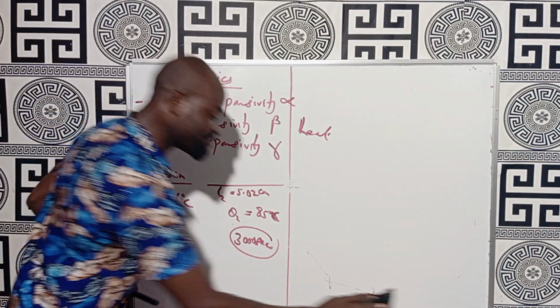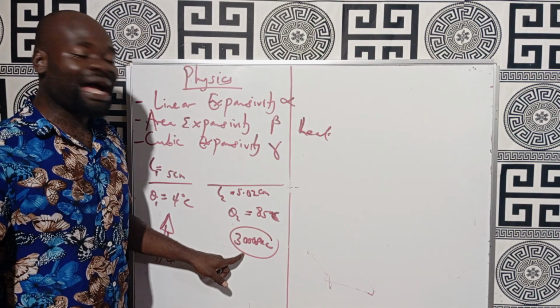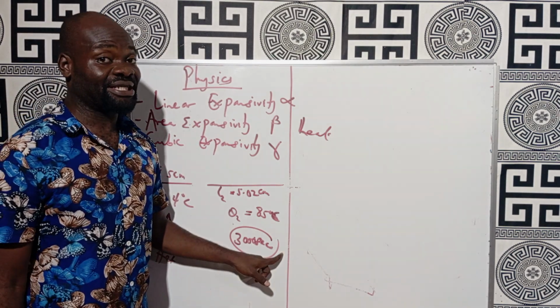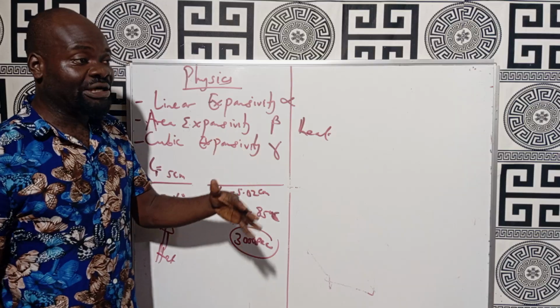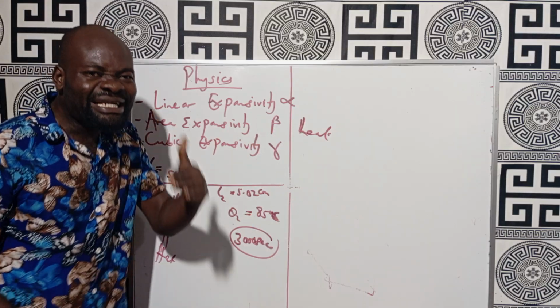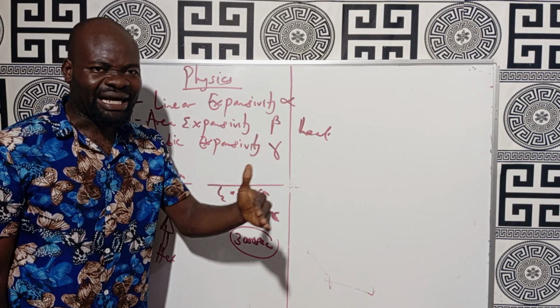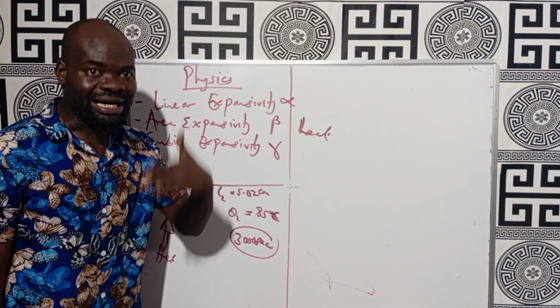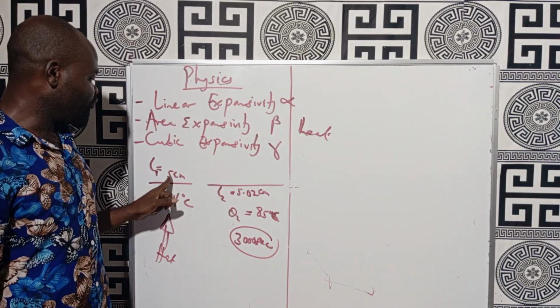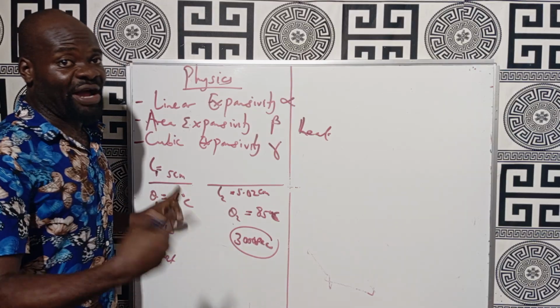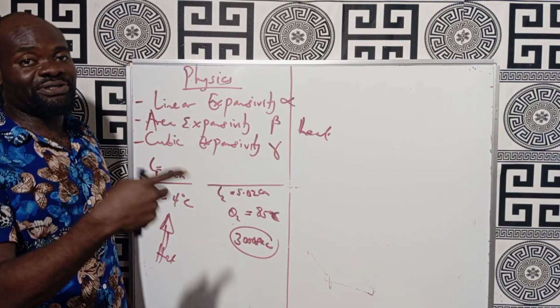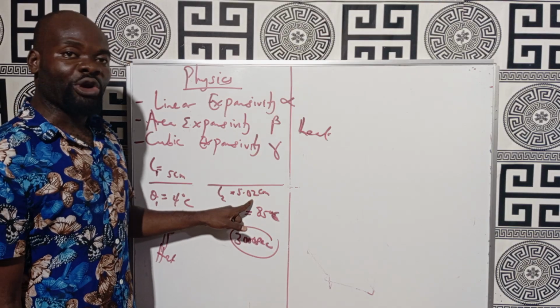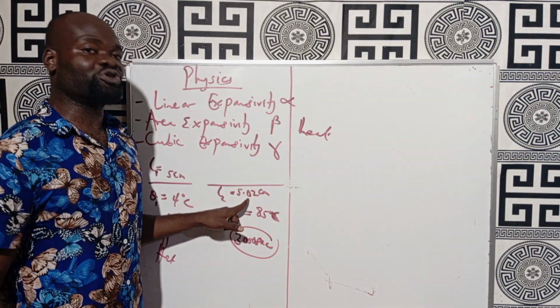So it is not only after the whole 3,000 seconds that the whole thing increases. It has been increasing gradually, starting from 1 second, 2 seconds, maybe from 5 to 5.0001, 5.0002, 5.0003, up to 5.02.